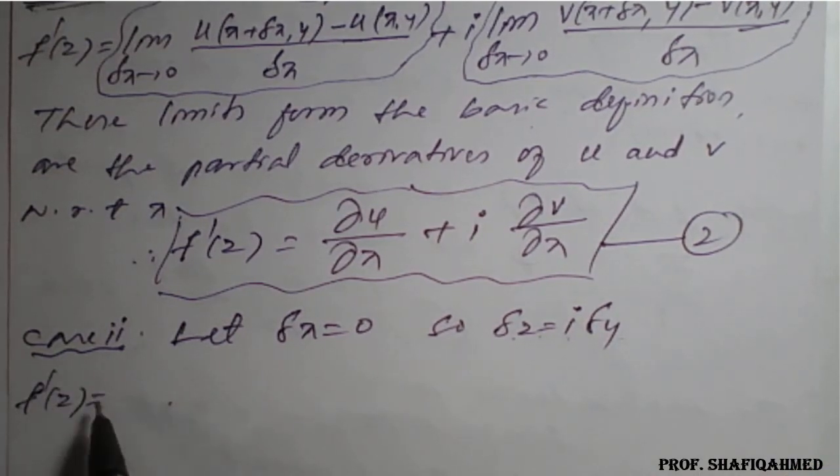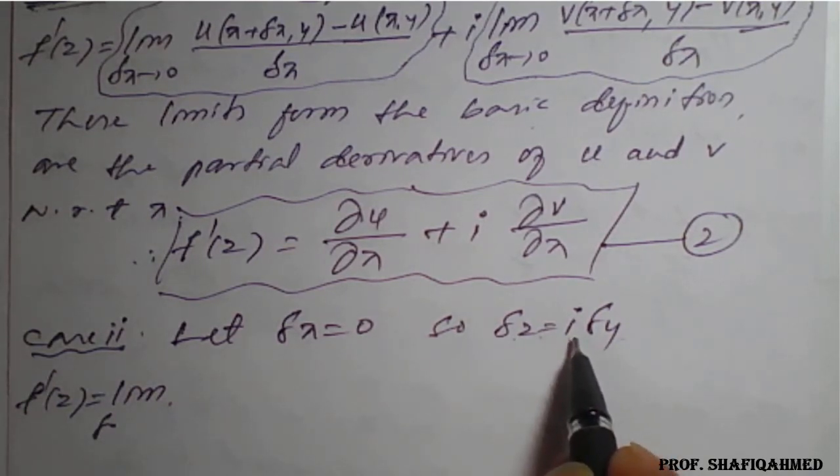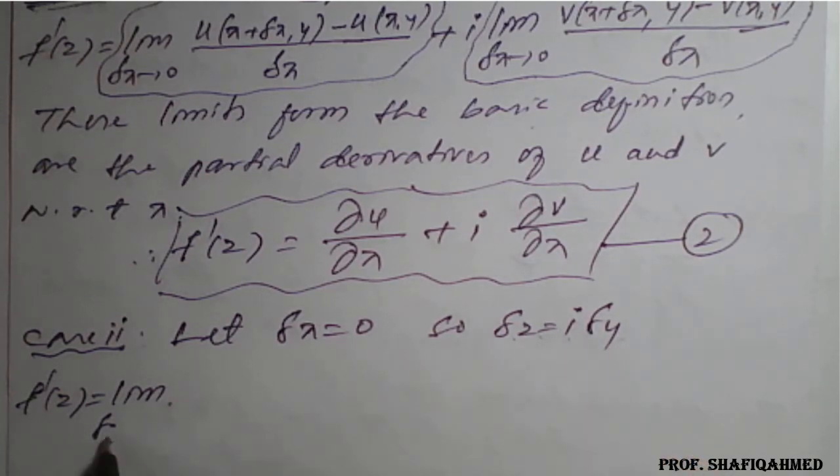f dash of z will become limit delta y tends to 0, since delta z is replaced by i times delta y.